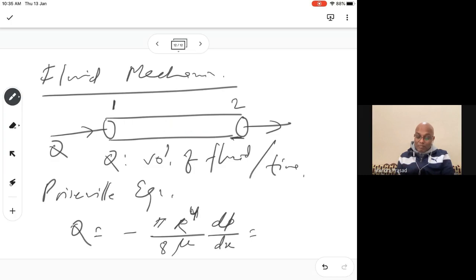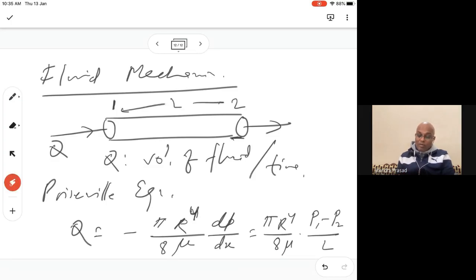So Q will simply be pi R^4 divided by 8 mu, times P1 minus P2 over L, where L is the length. Together there will be a constant, and then you have P1 minus P2.